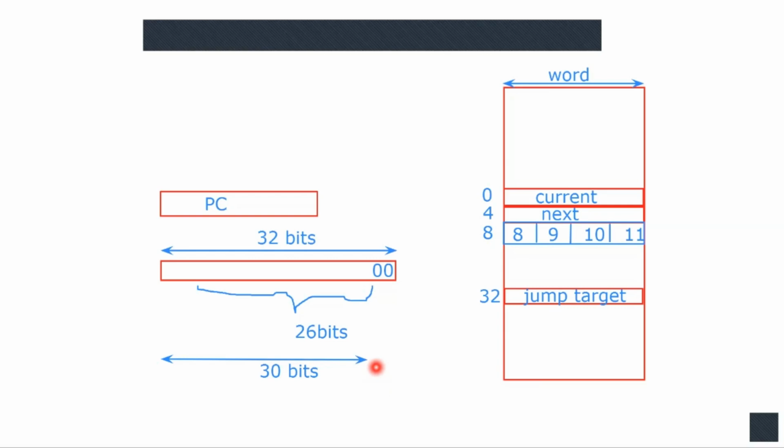And we are incrementing, we are going by word, not byte by byte. If you want to go to the byte-by-byte level, you have to use the 2 least significant bits in the entire 32-bit address.